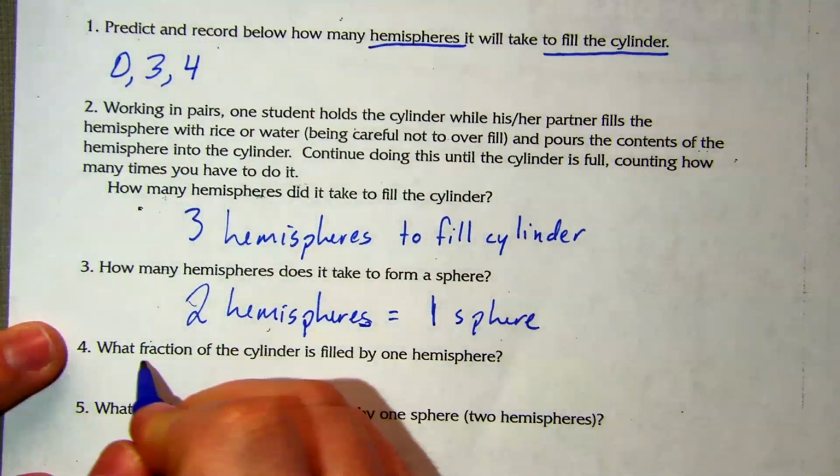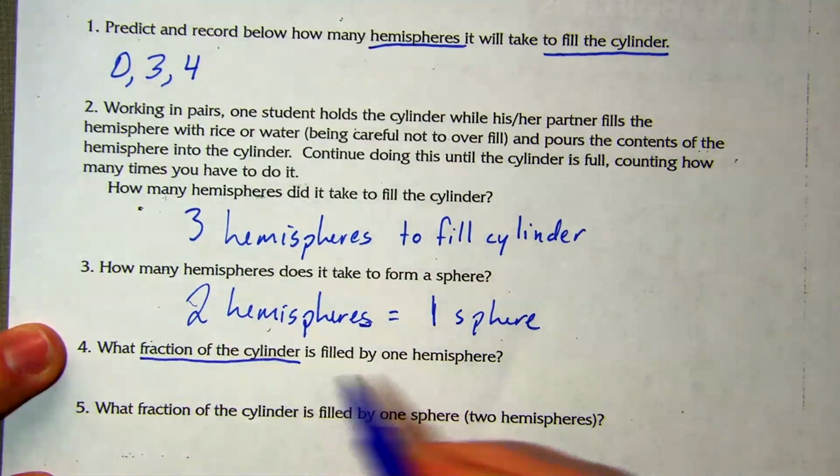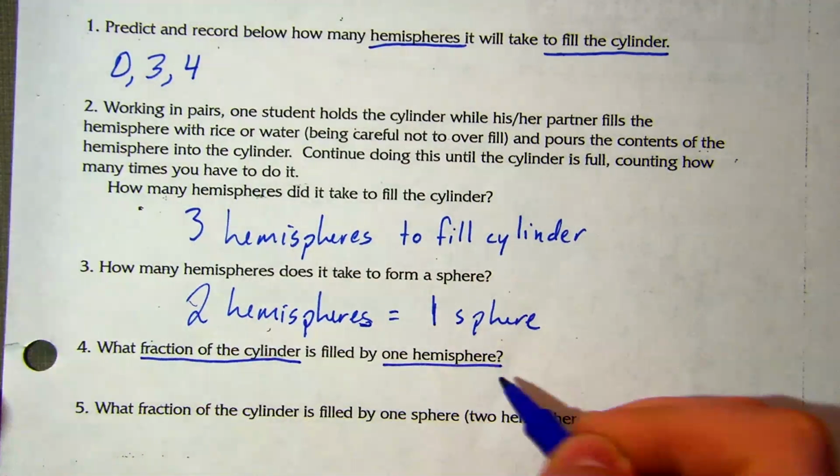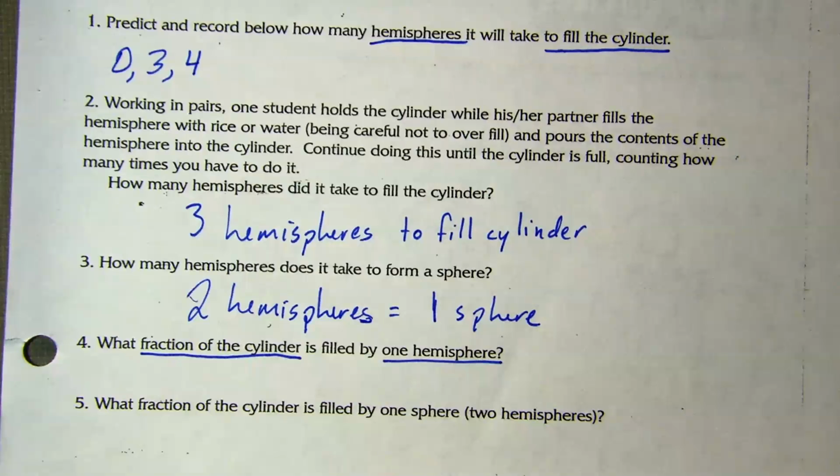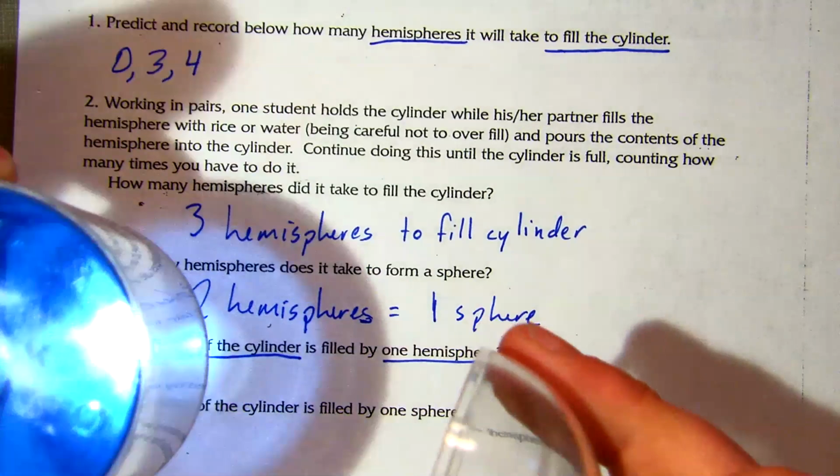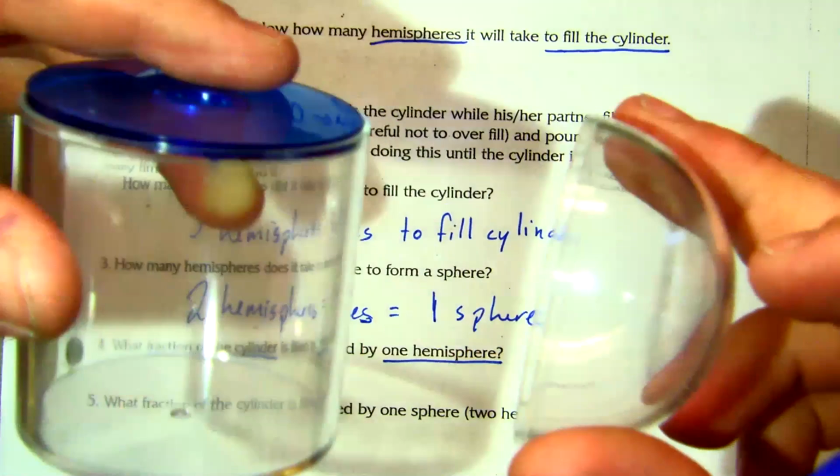On question 4, what fraction of the cylinder is filled by 1 hemisphere? So, how much of the cylinder was filled by just one of our hemispheres? Feel free to shout it out or message it in the chat.